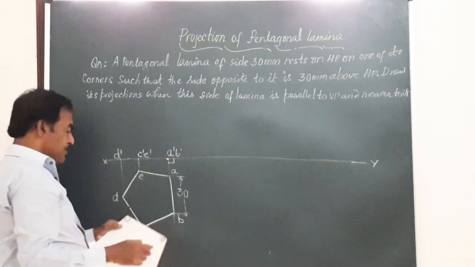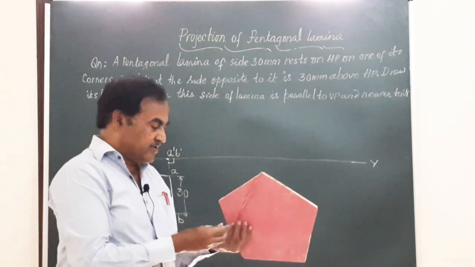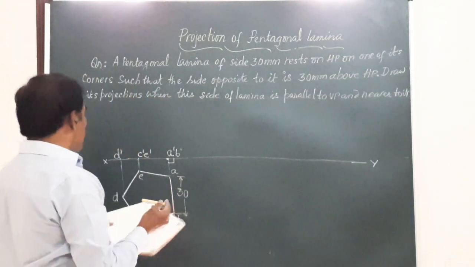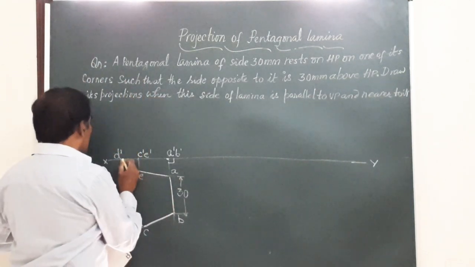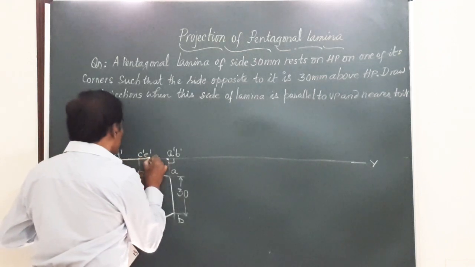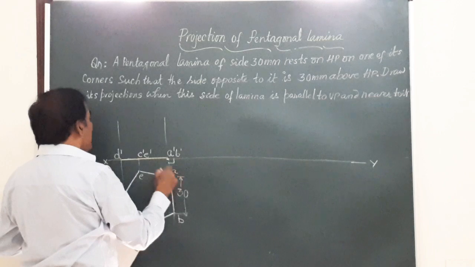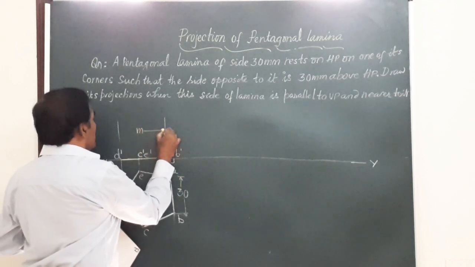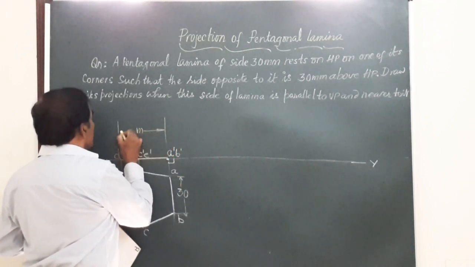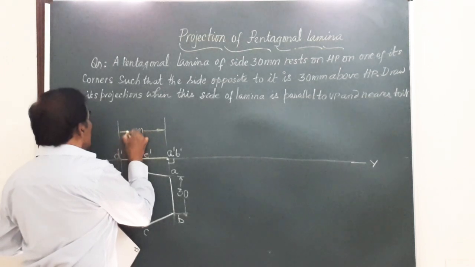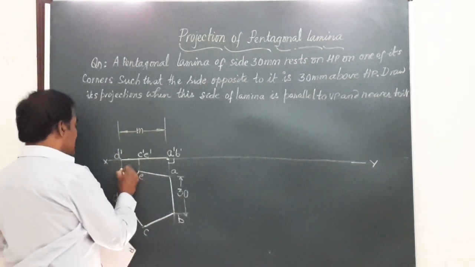Friends, I have got the top view, a regular pentagon of side 30 mm, and the front view, a line on XY. So I will represent this length of the lamina as small m. So this m will be useful to us to draw the views further.